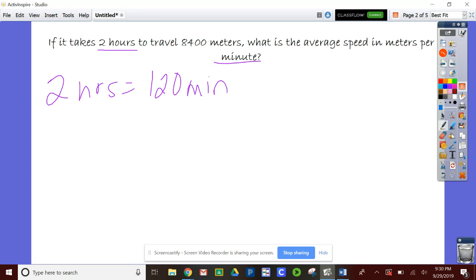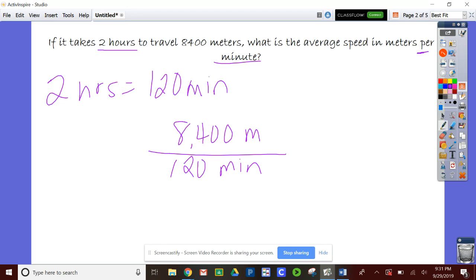So we can put our 8,400 meters on the top and our 120 minutes on the bottom. Now, all the question says is, what is the average speed in meters per minute? And we know that the word per just means unit rate.